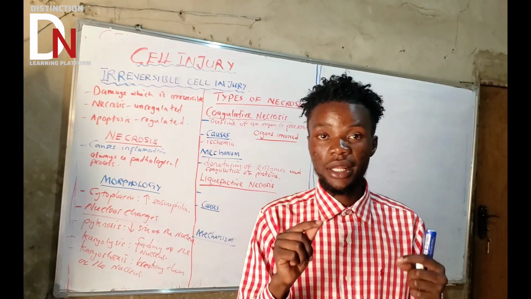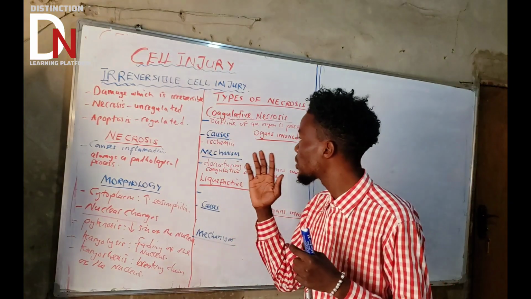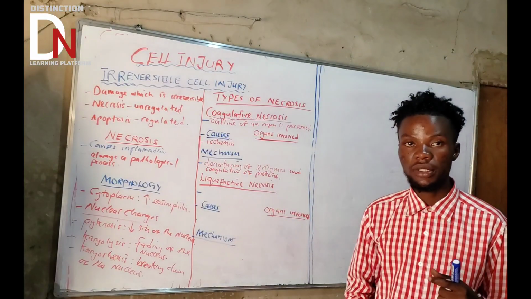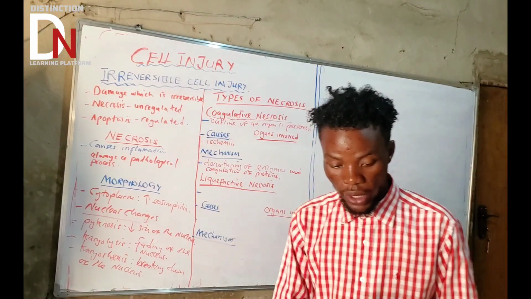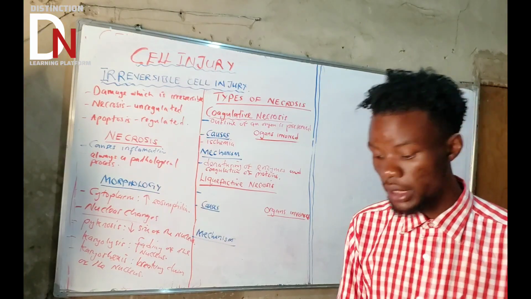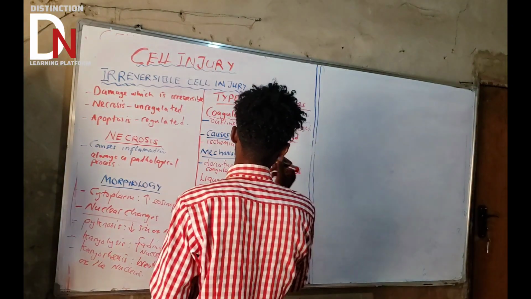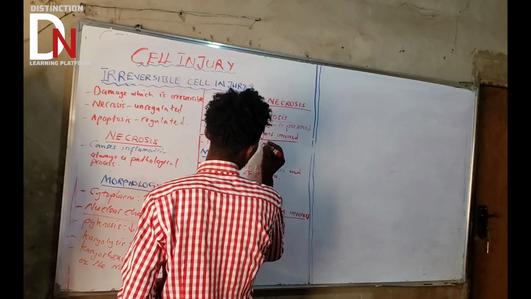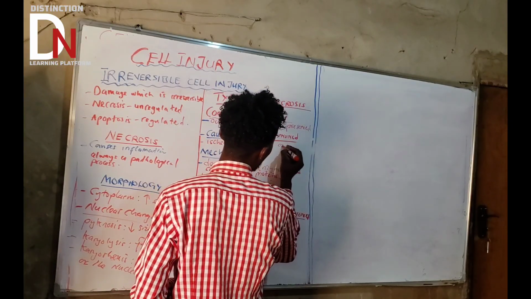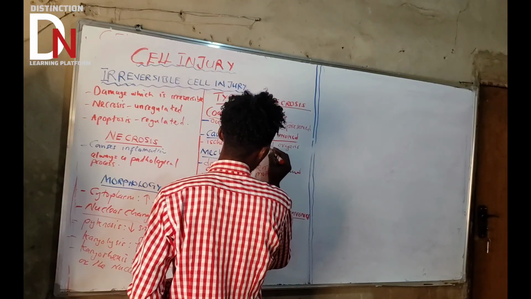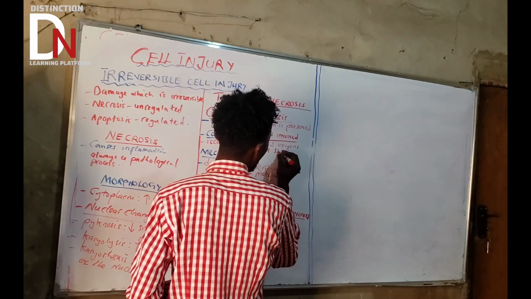The brain doesn't undergo coagulative necrosis, but it will undergo the other type of necrosis that we'll talk about. So except the brain, all the solid organs can undergo coagulative necrosis.